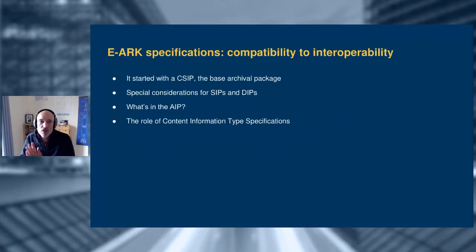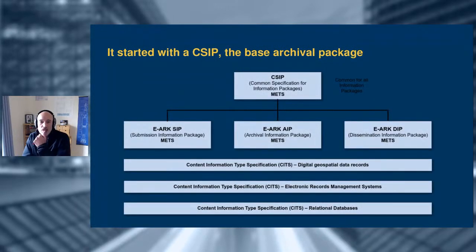In this section, we're just going to have a look at the eArk specifications as I've described them, how they build up in layers to take you from compatibility through to ideal interoperability, one slide at a time. The eArk specifications are modular and layered one on the other. The base specification is called the CSIP, the Common Specification for Information Packages.